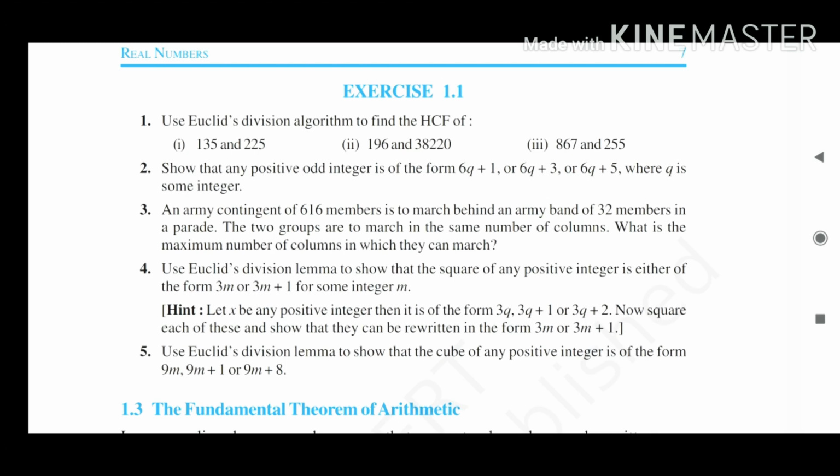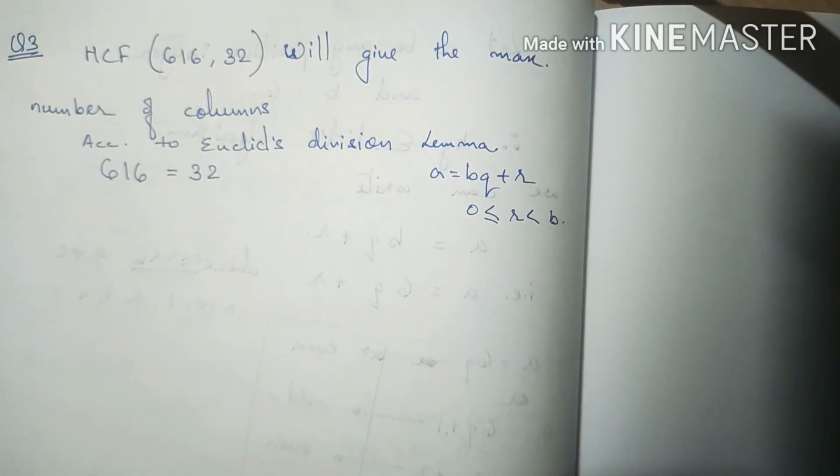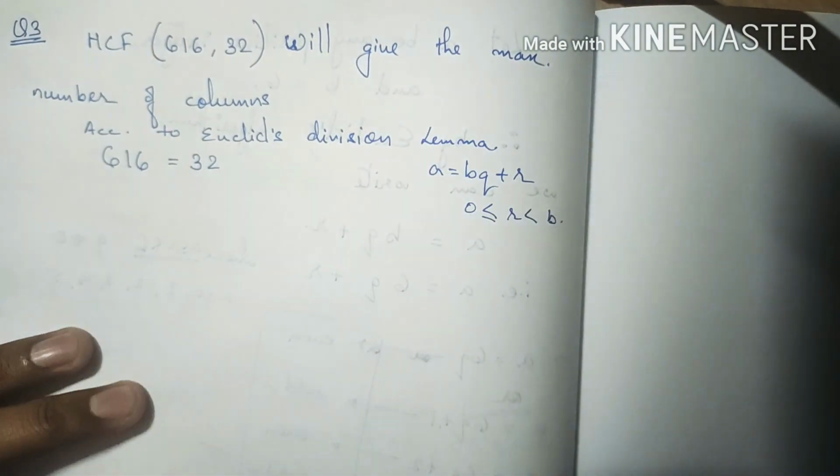In the next question, question number 3, we have an army contingent of 616 members, and they will march behind an army band of 32 members, and we need to find the maximum number of columns. So we simply need to find the HCF of 616 and 32, and this will give the maximum number of columns.